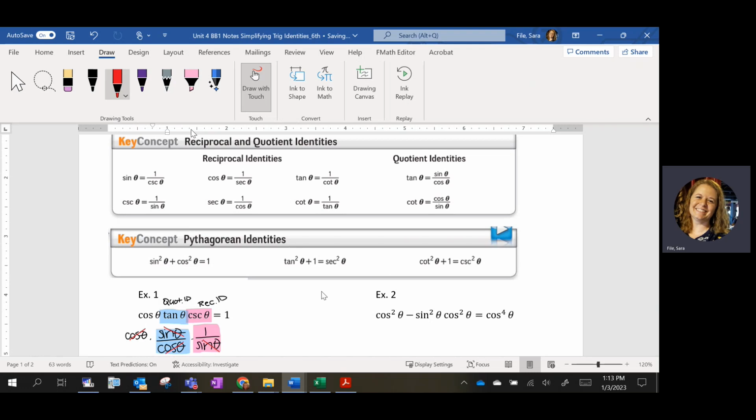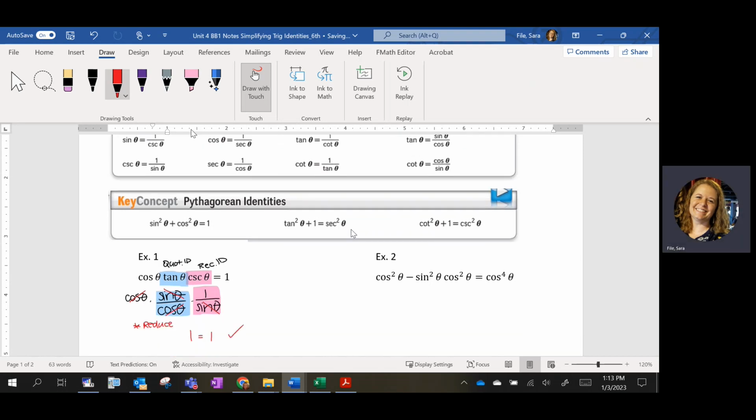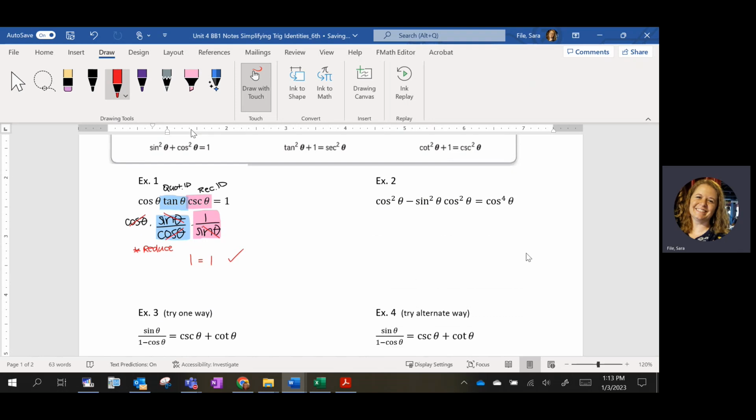But it's going to be recalling all of your algebra skills. That's actually where people tend to mess up more than with the trig substitutions. So we're going to use all those old algebra skills mixed in with these trig identities.